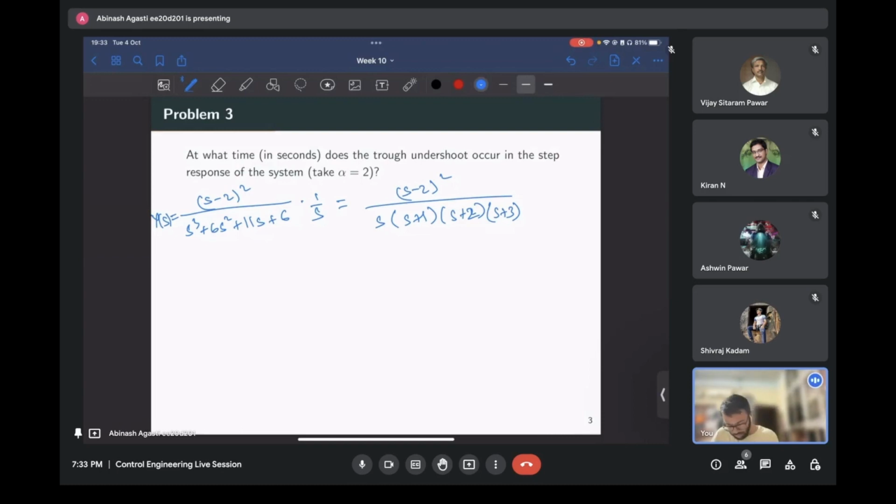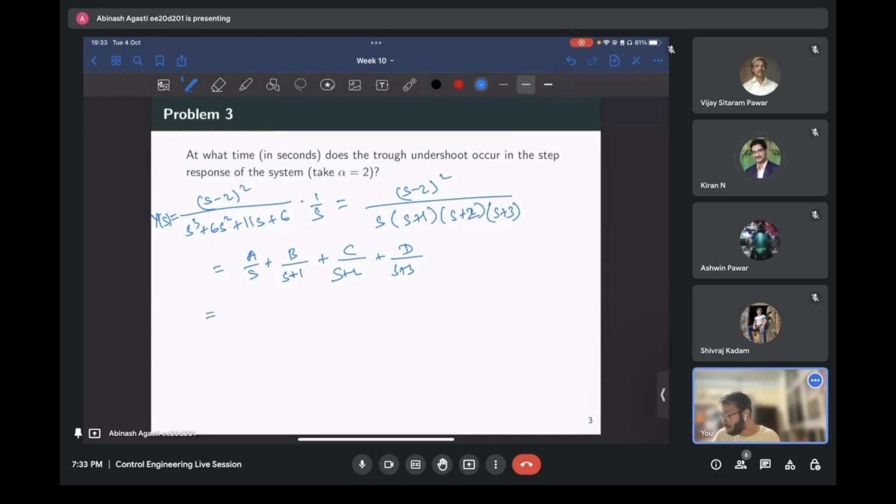So we'll have a by s plus b by s plus 1 plus c by s plus 2 plus d by s plus 3, and we'll have to compare everything with s minus 2 whole square. So shall we do it now, or shall I write the answer? Okay, I'll just write it out, you guys can verify as well.